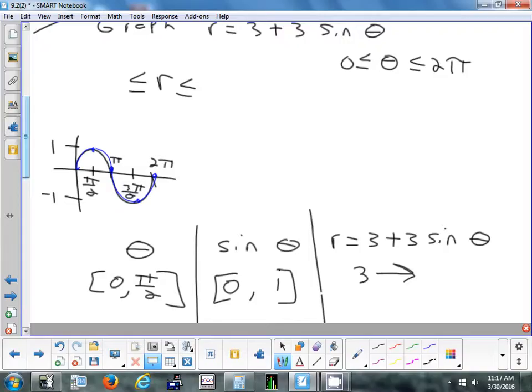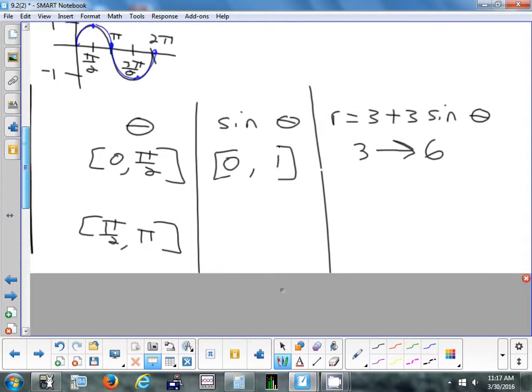What's 1 times 3? 3. And 3 plus 3? 6. So in this section, the radius of this graph is going to change from 3 to 6 as sine goes from 0 to 90. Okay? So we'll just write that down and we'll try to sketch it after. So it's not a circle. The radius is changing. Okay, but it's not going to be like a spiral either.